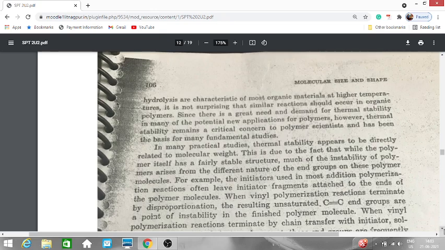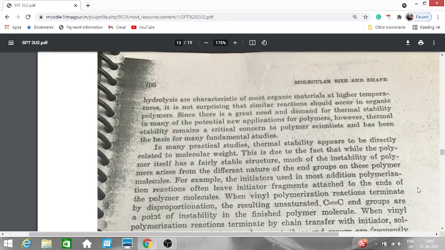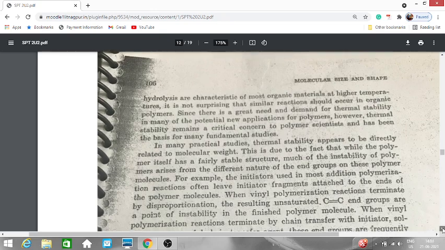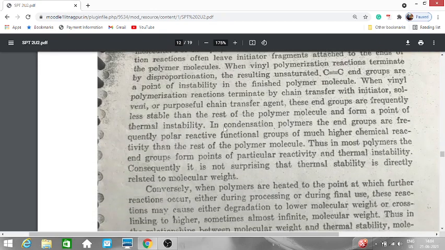When vinyl polymerization reactions terminate by chain transfer with initiator, solvent, or purposeful chain transfer agent, these end groups are frequently less stable than the rest of the polymer molecule and form a point of thermal instability.